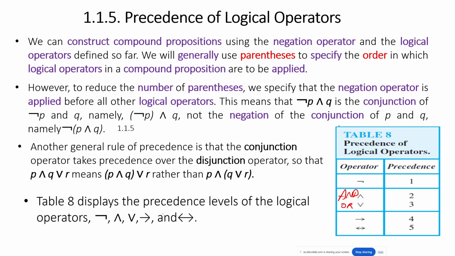So this is what they said. If I have P and Q or R, this has to be 1. If I have P or Q and R, that means I'm going to do the and first. The or will come later. I think that was a good thing that we did it. And same thing with this 4 and 5, with the conditional statement and the biconditional.